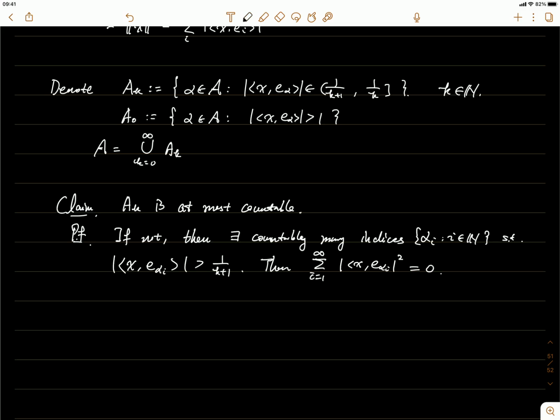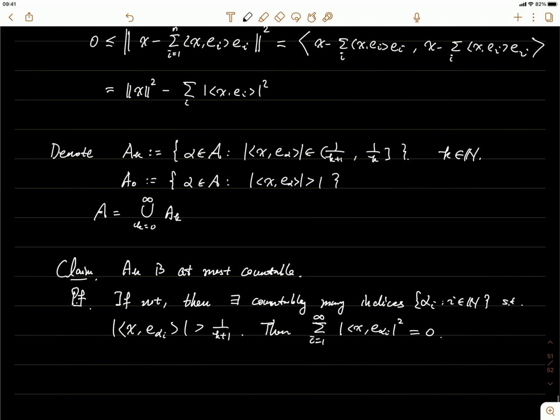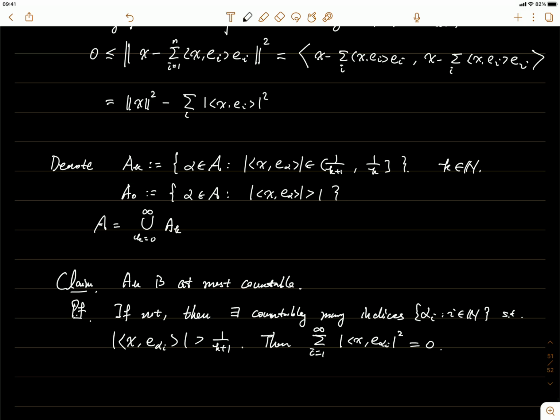And this is a contradiction to the fact that no matter how you choose the orthonormal set, the norm of x squared is always bigger than or equal to this sum, right? Because if this is going to infinity, then you know that up to some n, you make this even bigger than this, and that cannot be.